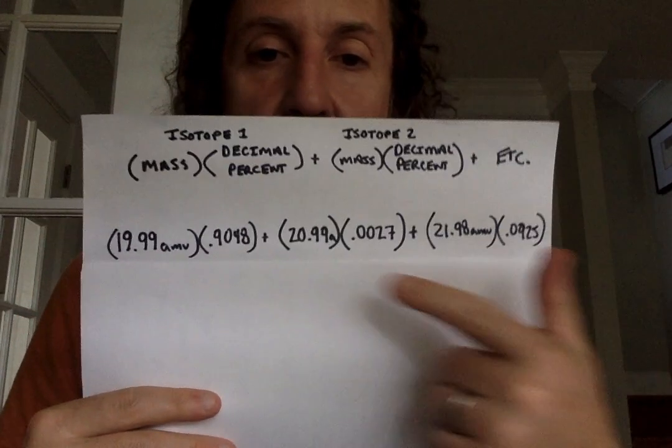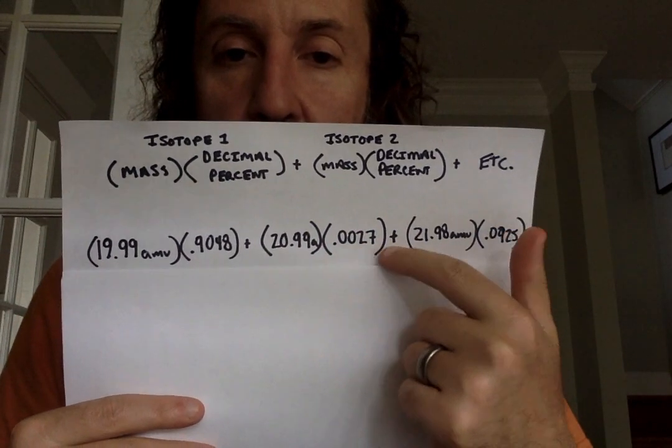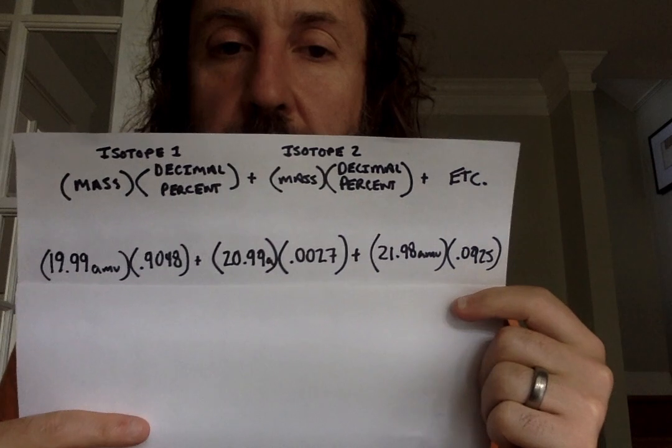When people see that 0.27, they think, oh gosh, that's small enough, and they don't divide it by 100. You can't neglect to divide that by 100. You have to, every time, divide every percent, no matter how small, by that 100. And so you'll see I have that divided by 100 here, 0.0027.